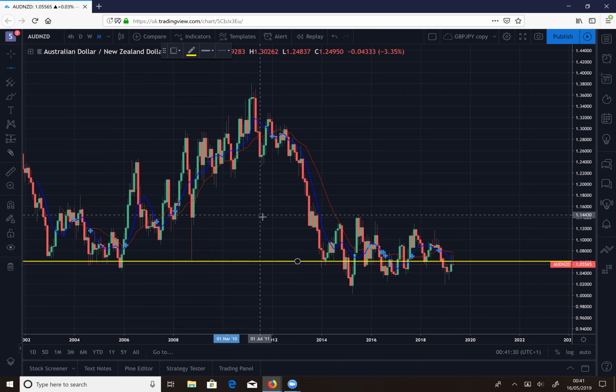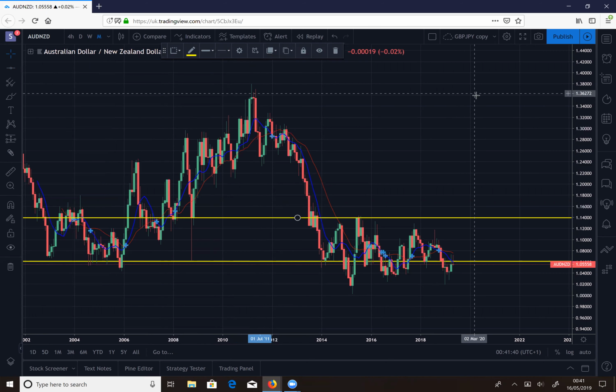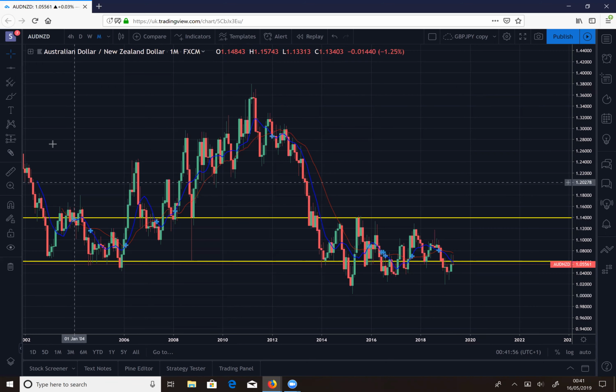So what I'm going to go ahead and do now is plot in some key levels for me to work off. And what I will say is, guys, key levels are essential, okay? Key levels are one of the most essential things to get when it comes to trading.